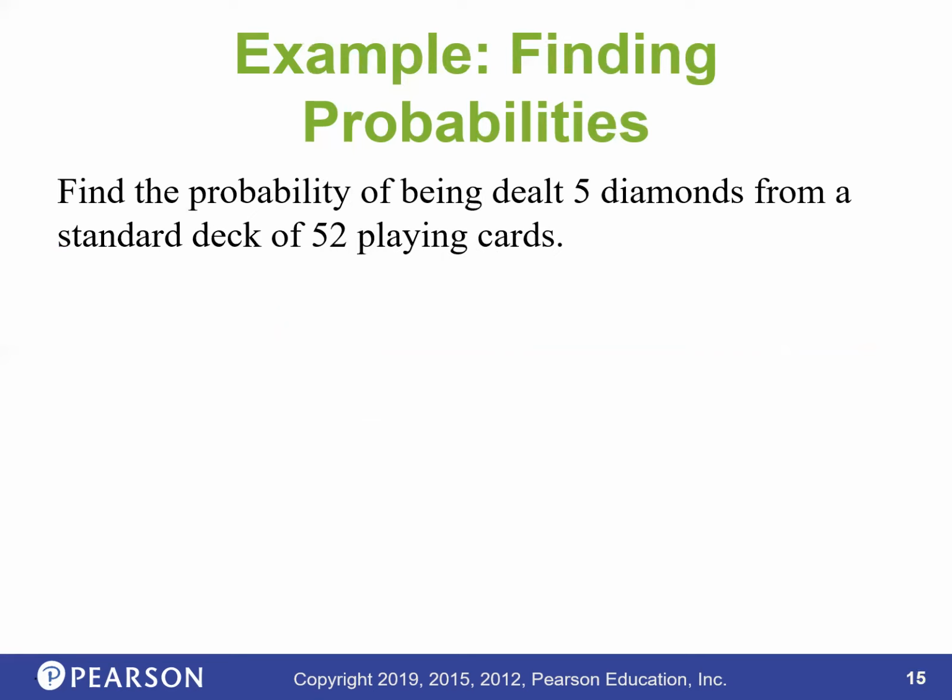If it's the king of diamonds, queen of diamonds, who cares? It doesn't matter as long as it's the diamond suit. Find the probability that we're dealt 5 diamonds. You're going to get a 5-card draw in your hand, and somehow all of them turn out to be diamonds. That's cool.